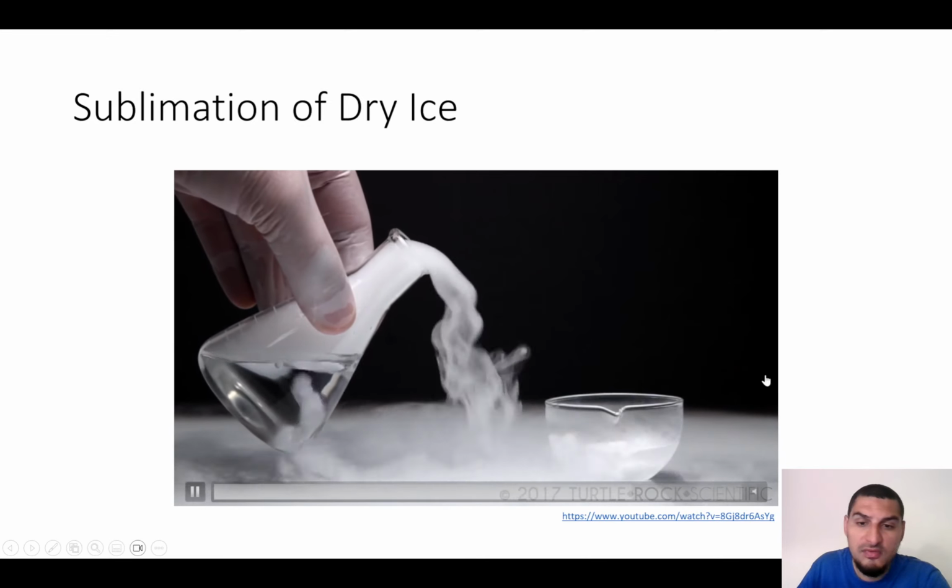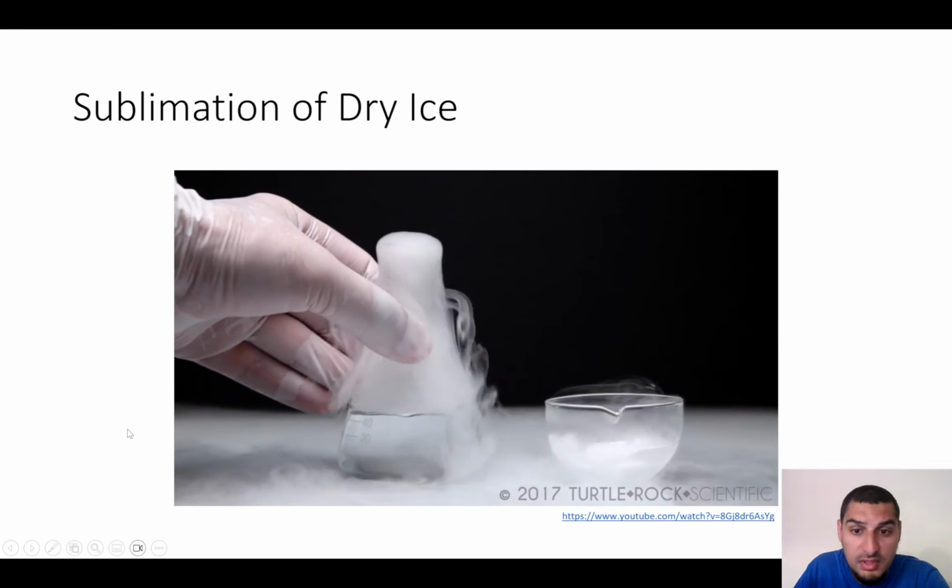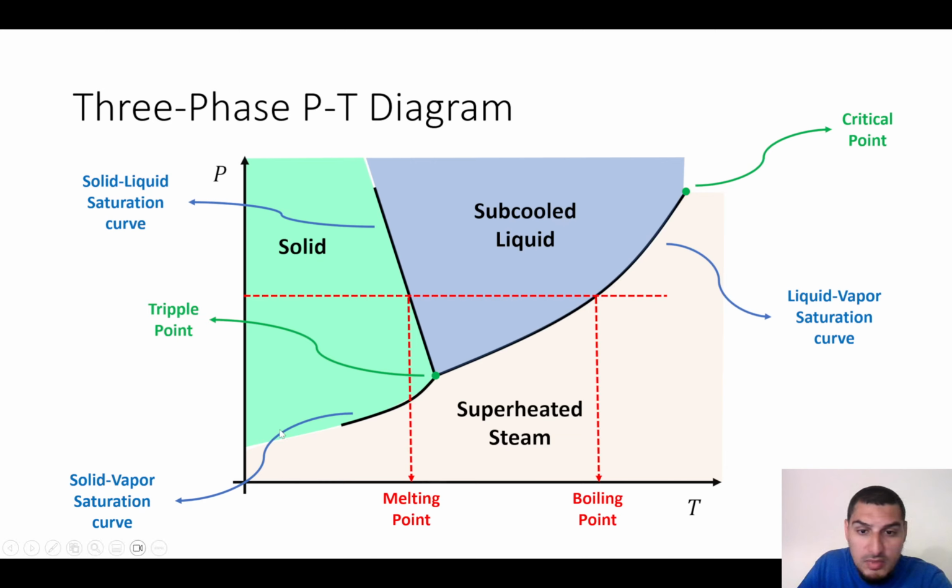So this is the first example, or the first phenomenon, that we can understand now. So if we go back here, you would see this is what is happening. The carbon dioxide is turning from the solid, under the triple point, from here to here directly.